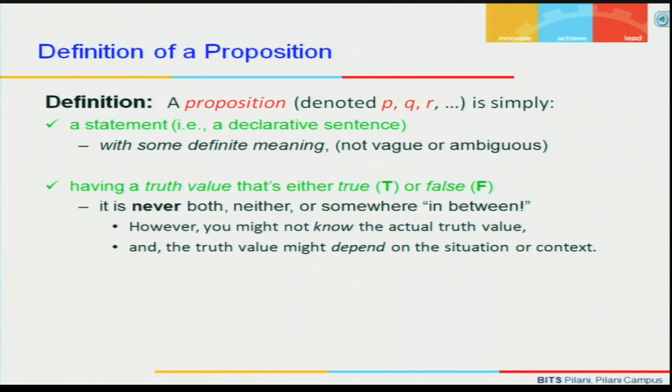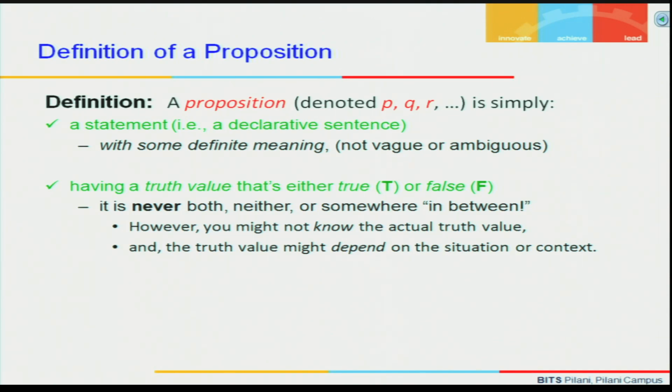Such a declarative statement is called a proposition. You should be able to say whether the statement is true or false at a given point of time, provided you are given all the data about the statement. That is what a proposition is.